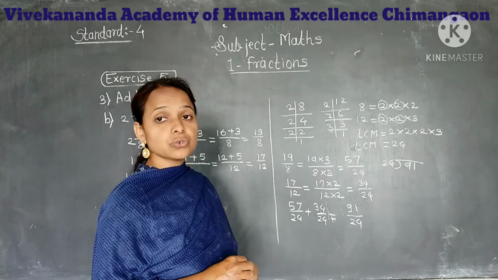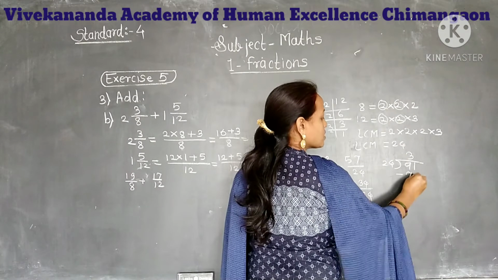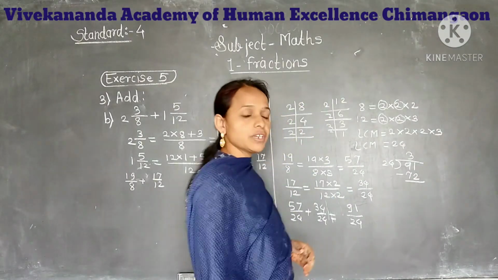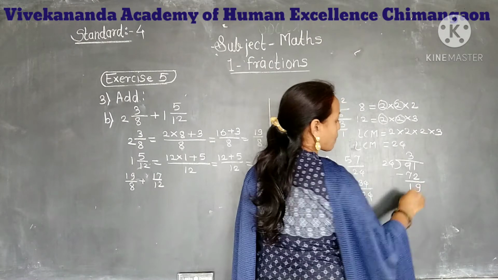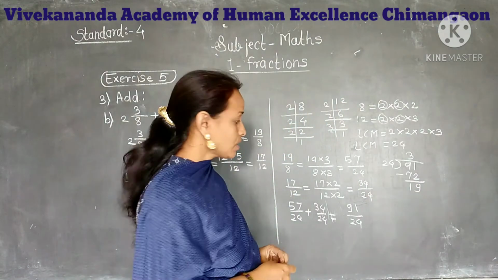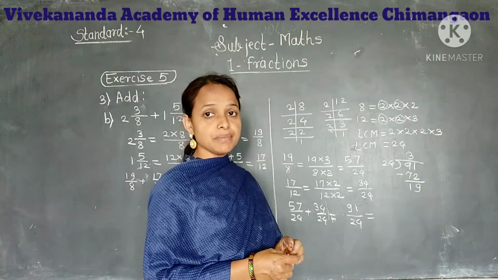So here the quotient is 3. And product 72, subtract. We get 19. Now here we write 91 upon 24 as a mixed fraction.